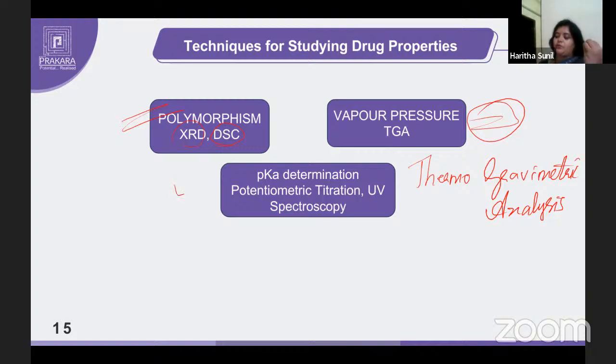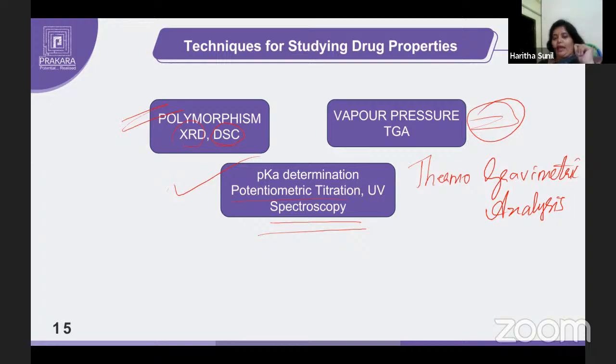And pKa determination, that is the dissociation constant, how would you determine it? By two titrations, that is potentiometric titration and UV visible spectroscopy. So the potentiometric titration determines the pKa by measuring the pH changes as base or acid is added to the drug solution.